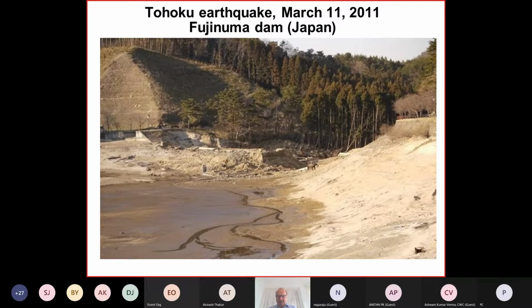Now, in the embankment dam, this is the Tohoku earthquake, March 11, 2011, where this dam was about 18.5 meters high. Due to ground shaking, it failed, and the reservoir was released. The failure mechanism is somehow a combination.